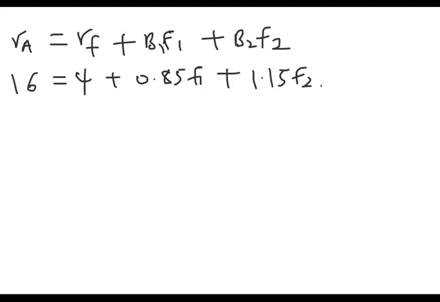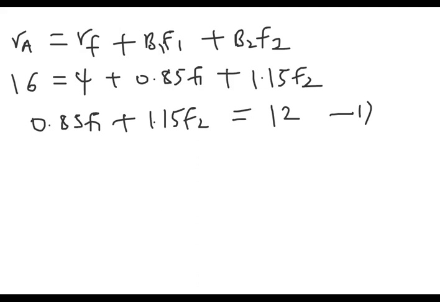Then we can see 0.85 factor 1 plus 1.15 factor 2 equals 16 minus 4, which is 12. So I call this equation 1.